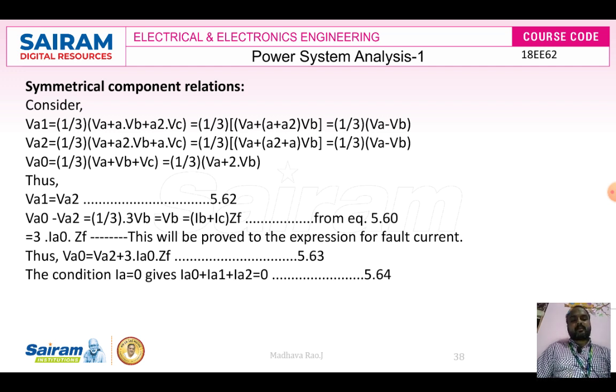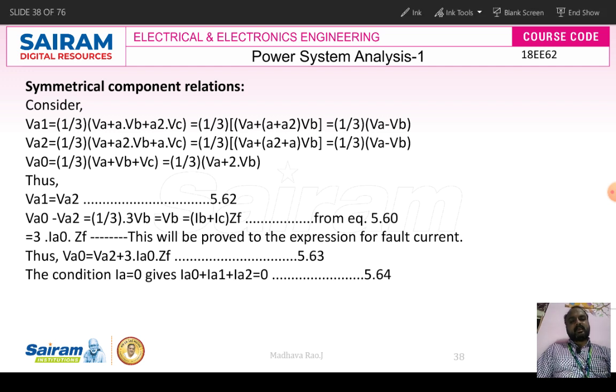Symmetrical component voltages in terms of phase voltages: VA2 is equal to 1 by 3 into (VA plus A square VB plus A into VC), and VA0 is equal to 1 by 3 into (VA plus VB plus VC). Substitute VB equal to VC and simplify.